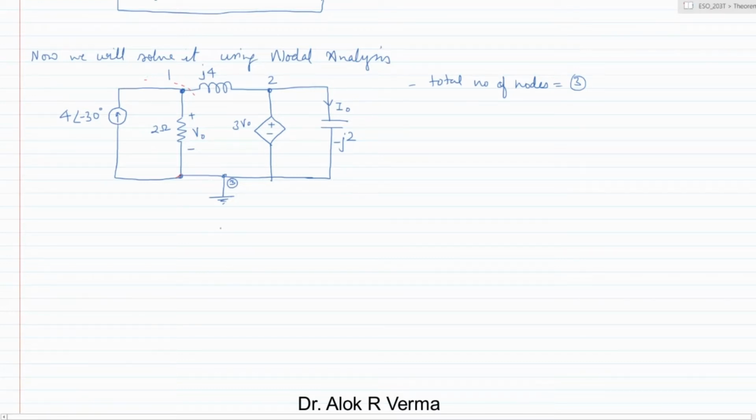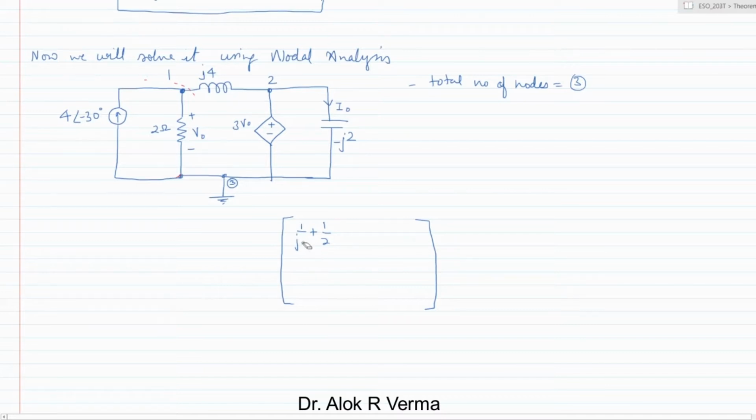In this particular case, we can write the nodal admittance matrix. When we write the nodal admittance matrix, the total admittance connected to node 1 is 1 by J4 plus 1 by 2.